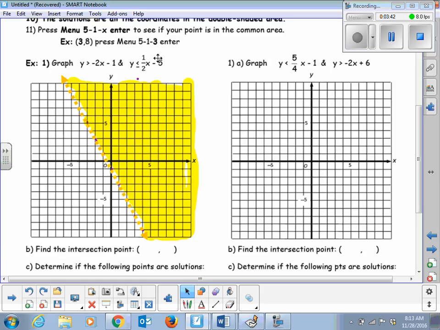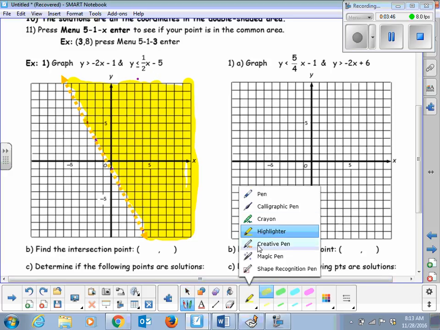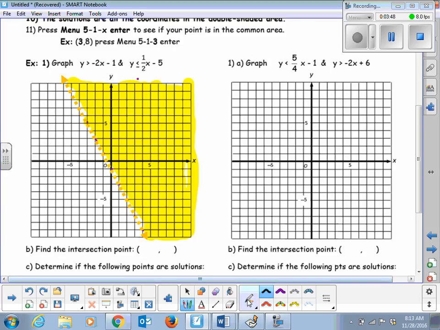So over here, I'm going to say, okay, my y-intercept is negative 5. So I'm going to say negative 5, I'm going to use blue, is right here. Okay, my slope is positive, so I'm going to go up 1, right 2, up 1, right 2, and that pattern is going to be what we continue with until we get to the edge.